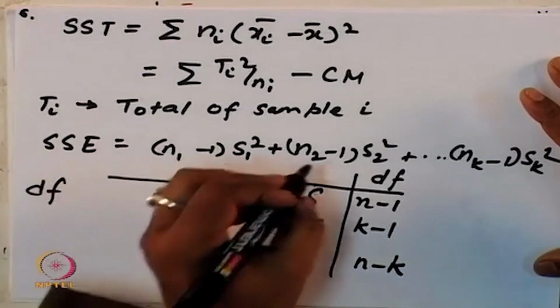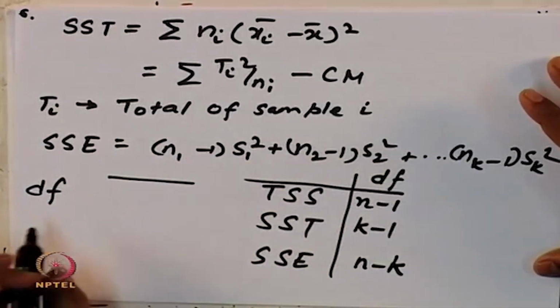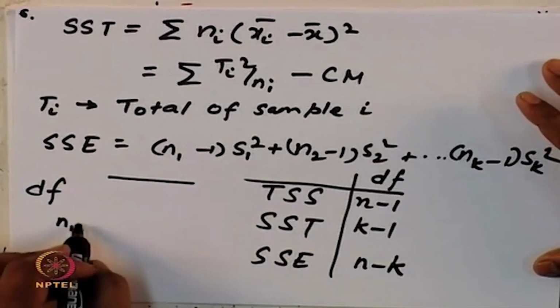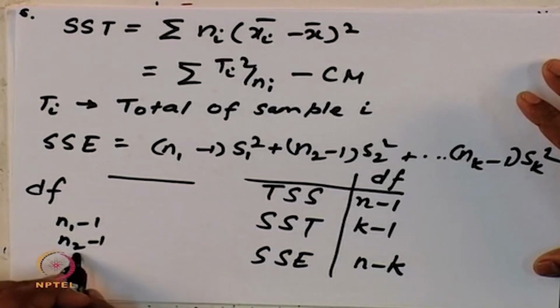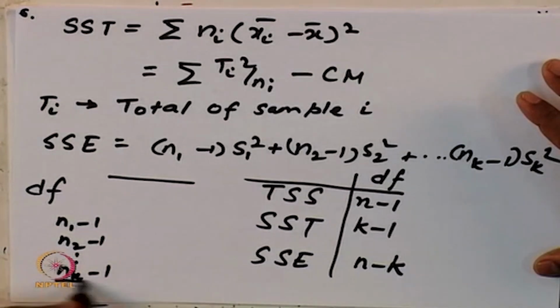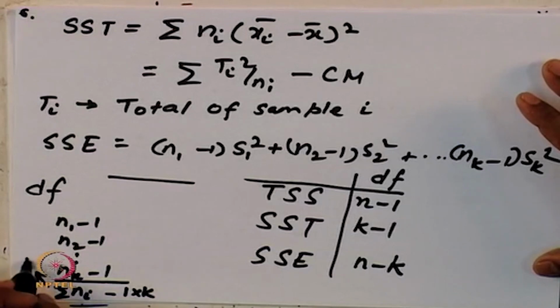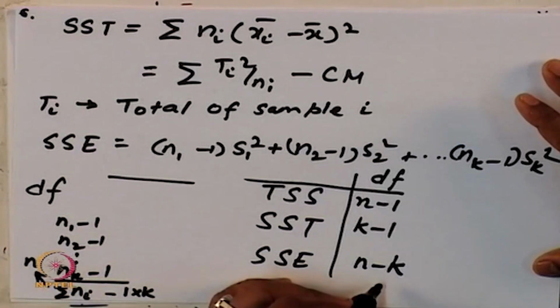You have n1 minus 1 plus n2 minus 1 dot dot nk minus 1, you have summation ni, let us say, and minus 1 into k, okay. So, since summation ni is n, this comes to be n minus k.